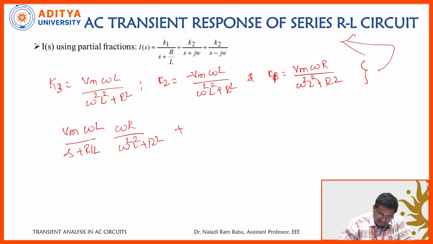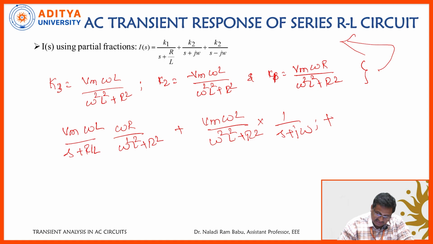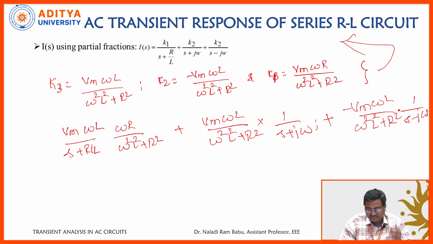So the value of K2 is Vm omega L by omega square L square plus R square into 1 by S plus j omega, whereas K3 is minus Vm omega L by omega square L square plus R square into 1 by S minus j omega. Now see here, this is the expression for I of S.